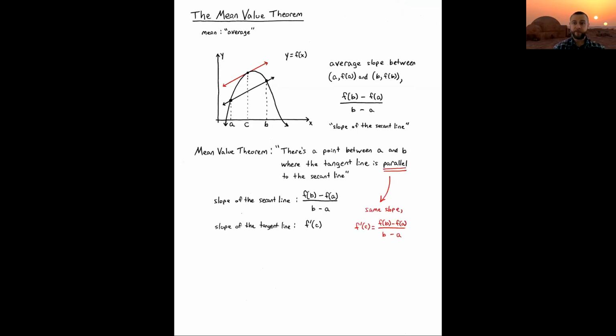All right, before we get to the formal statement of the mean value theorem, let's just keep in mind a few things. So the slope of the secant line, this is our change in y values over change in x values, rise over run, f of b minus f of a divided by b minus a. Now think back to when we introduced derivatives.